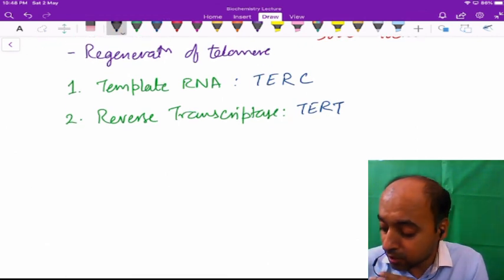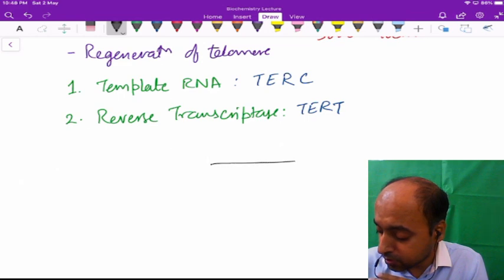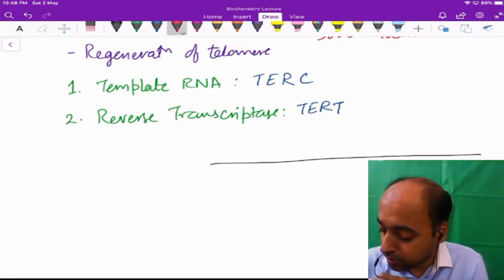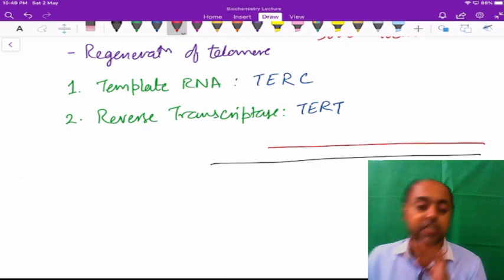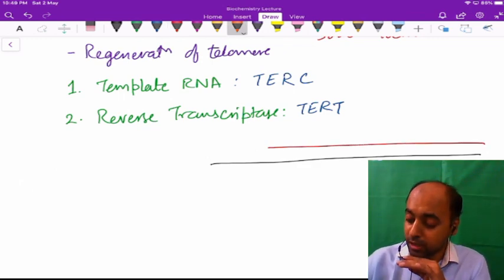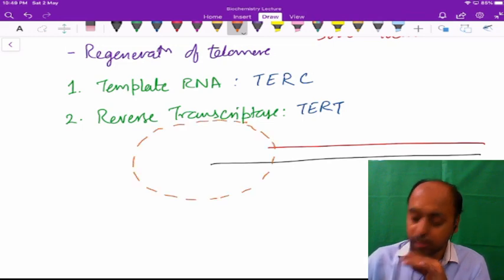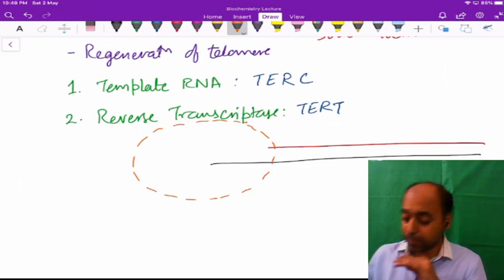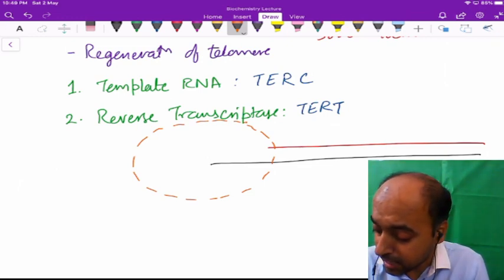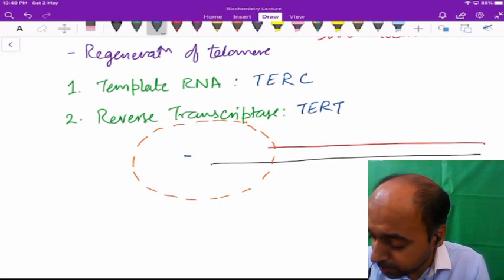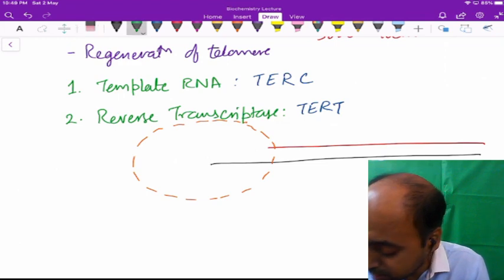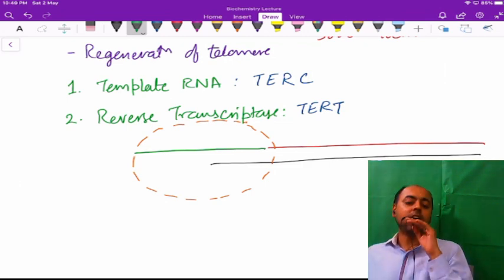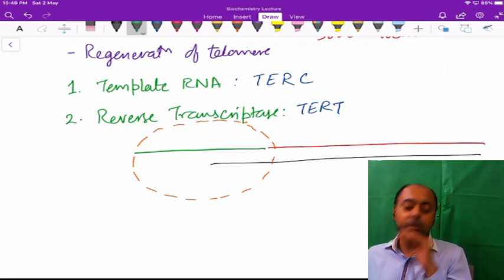So what is happening now? See, this was the end of DNA as we had seen it. So here comes the telomerase complex. The telomerase complex will come in, and it brings along with it the TERC, telomerase RNA copy, which is complementary to the telomere.